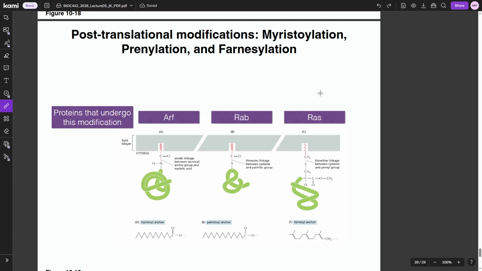These are some examples of proteins that use these different anchors: ARF uses myristoylation, RAB uses prenylation, and RAS uses farnesylation.